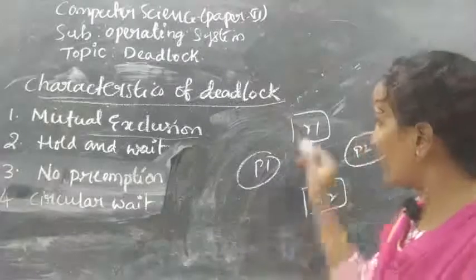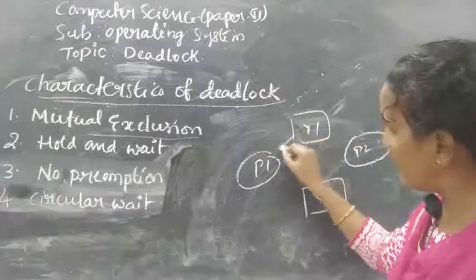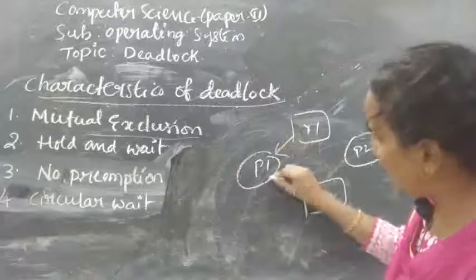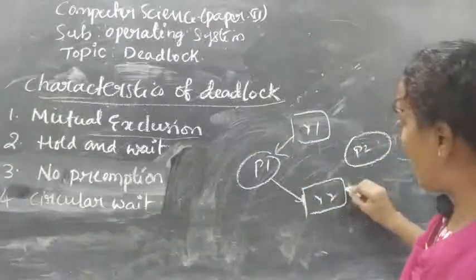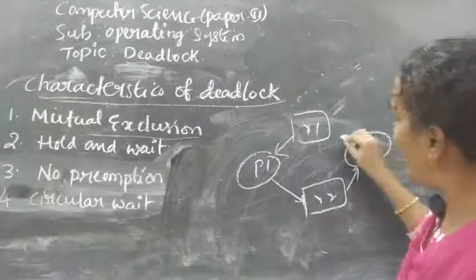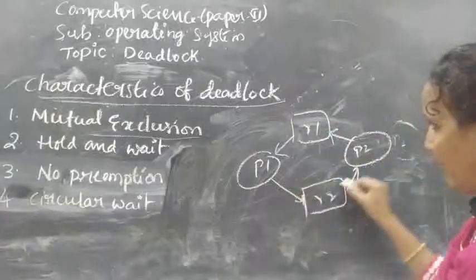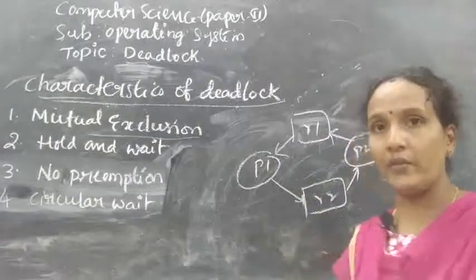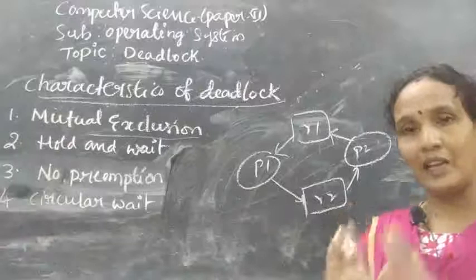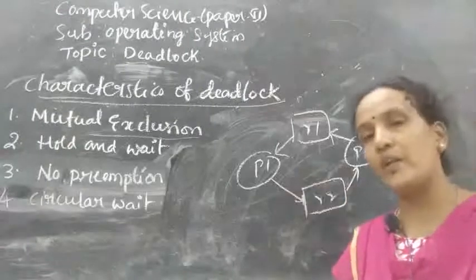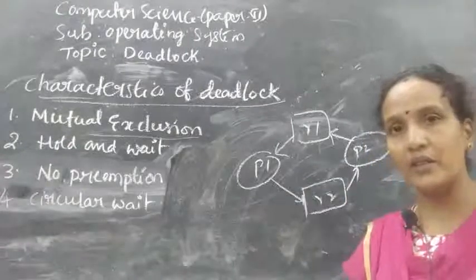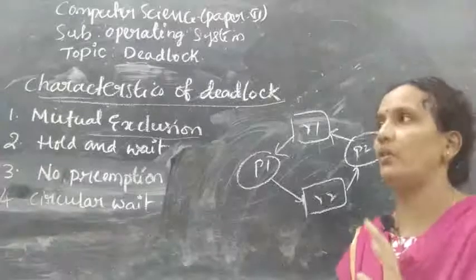Here R1 is held by P1, P1 is requesting R2, R2 is held by P2, and P2 is requesting R1. This is called a circular wait. If there is a circular wait, that may lead to a deadlock. So that is why it is also one of the characteristics of deadlock.